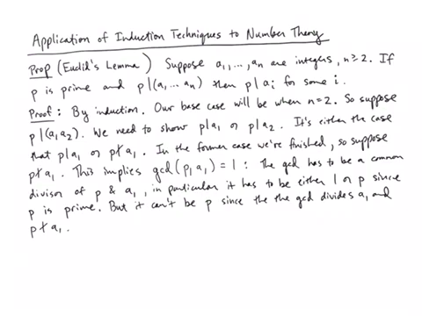Okay, so if you have a prime not dividing a number, then the GCD of the prime with that number has to be 1.